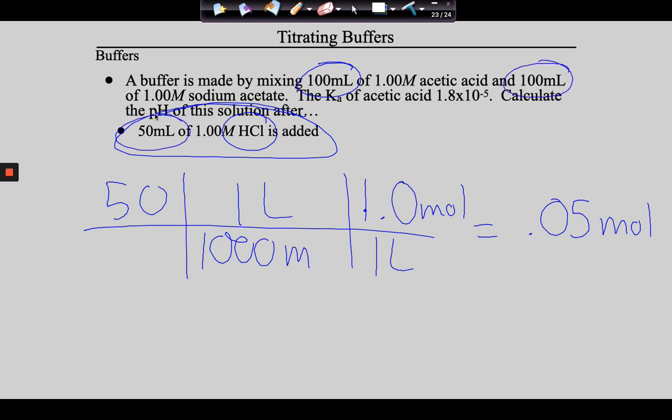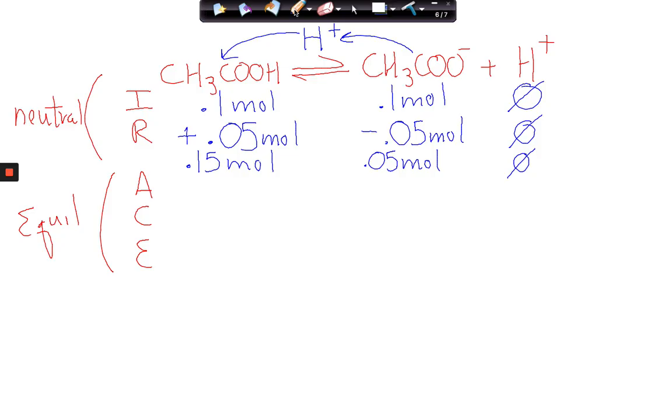What's our total volume? In liters, 0.25. So we divide by 0.25, and divide by 0.25. Did that make sense? I get 0.6, and then 0.05, 0.2?